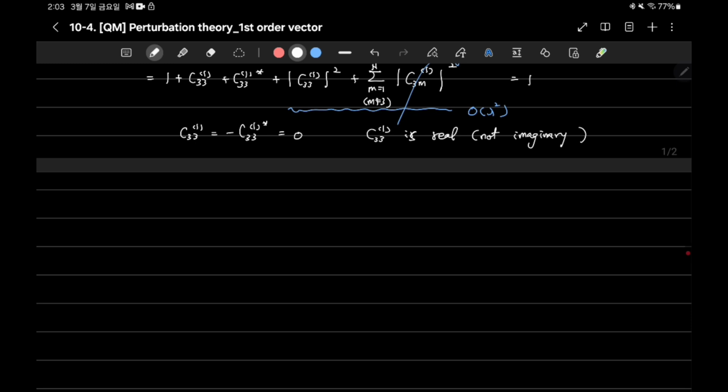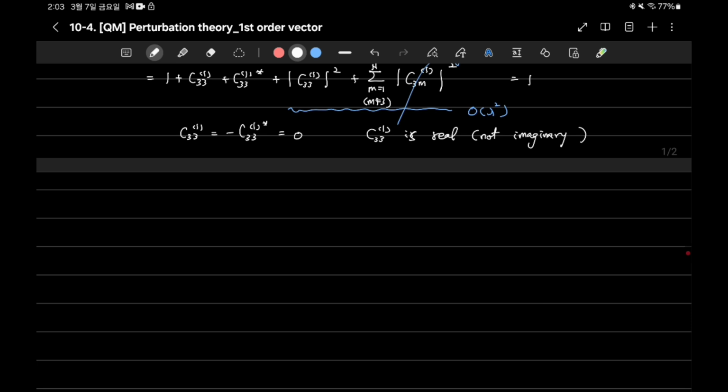All right. It means that there is no component of the zeroth order eigenstate in the first order energy correction state.